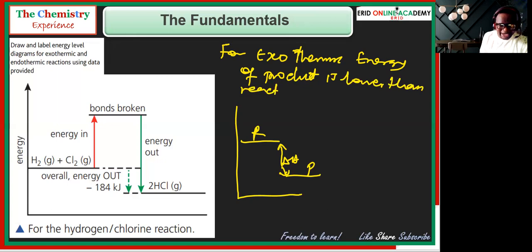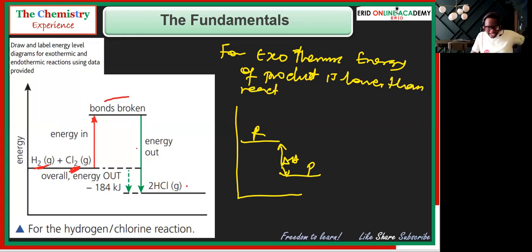But if you look at this diagram very well, it explains the fact that even though a reaction is exothermic, we started from hydrogen and chlorine, right? But we show that energy is absorbed first to break bonds. When the energy was absorbed, bonds are broken, then to form bonds, energy will be released, then your product is formed.